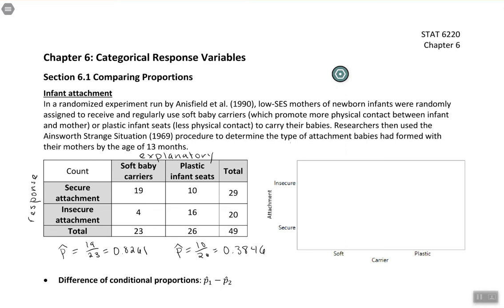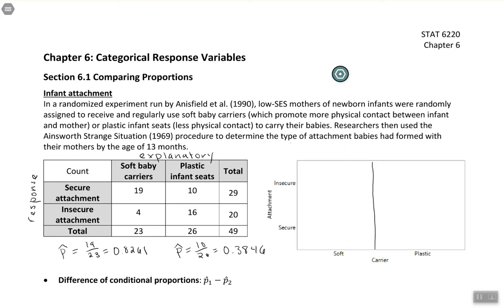Okay? The graph that we're going to use, there's actually multiple types, but by far my favorite graph for this is called a mosaic plot. A mosaic plot starts off by splitting the axis based on the sizes of the groups. These groups are not exactly the same size. The soft baby carriers had slightly less than half, so I'm going to do slightly less than half for the soft side. And then you divide it again based on the response variable.